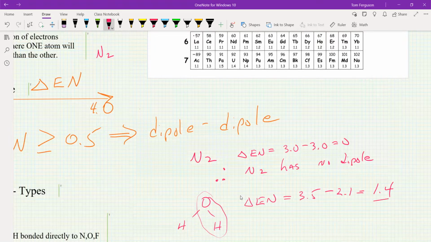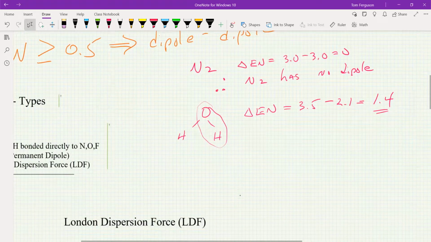That's 1.4. Now, in terms of electronegativity differences or dipole moments, that's a big deal. That's a lot.